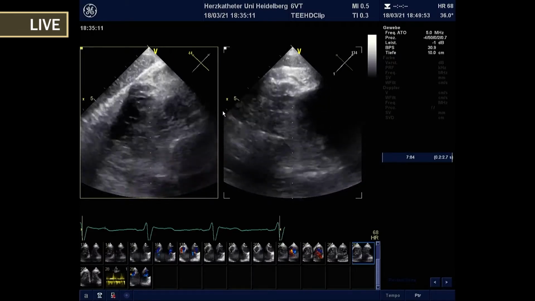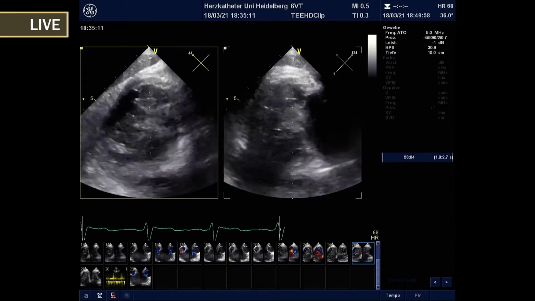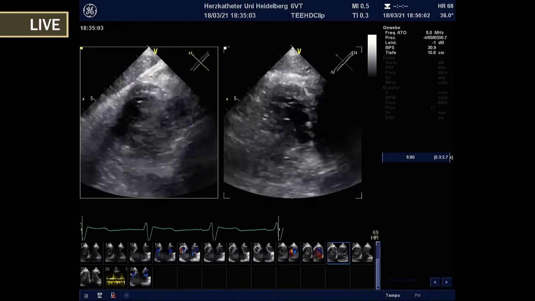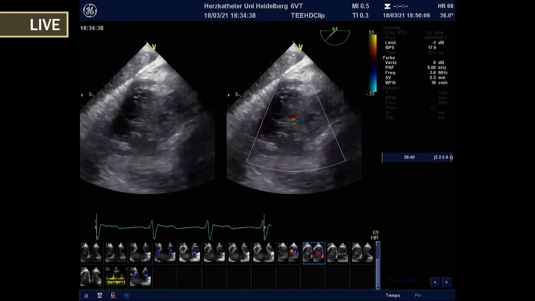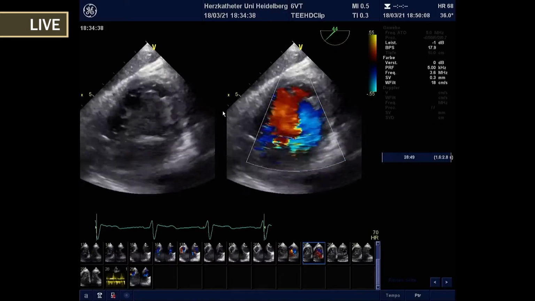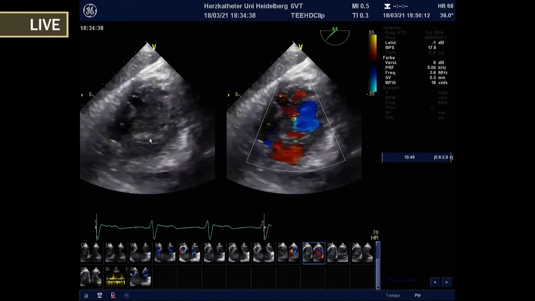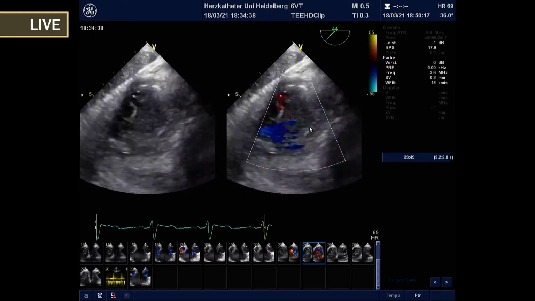Currently under anesthesia, the TR appears less severe because we also optimized medical and fluid management beforehand, but what remains is still this TR between the septal and anterior leaflet, which you can see here pretty well in the color Doppler.